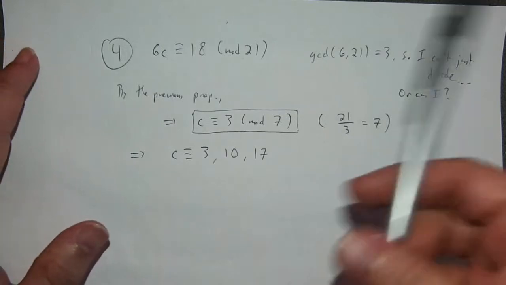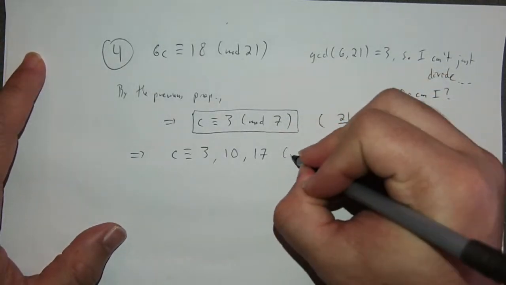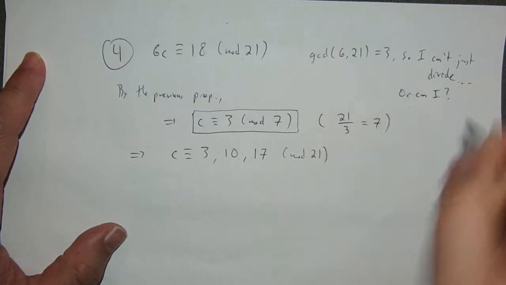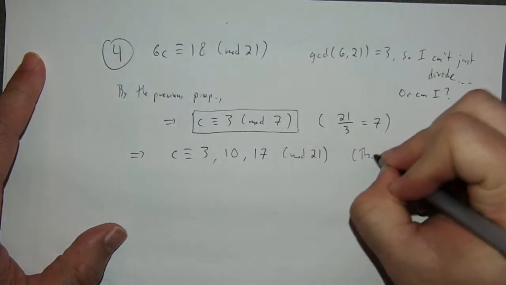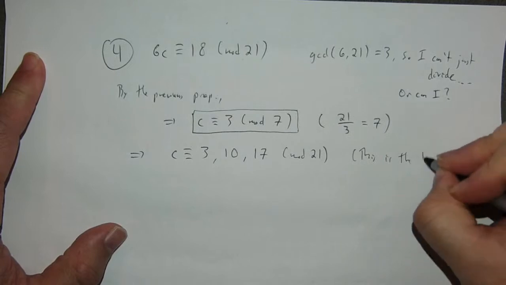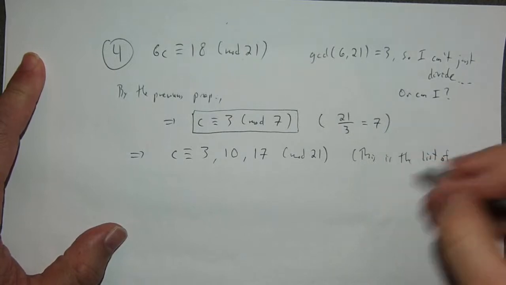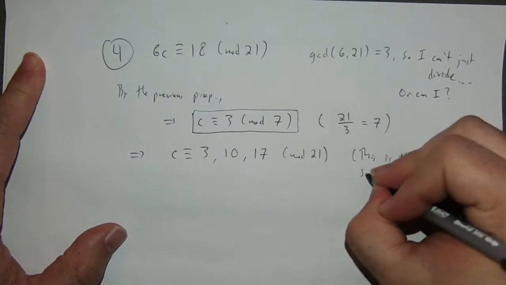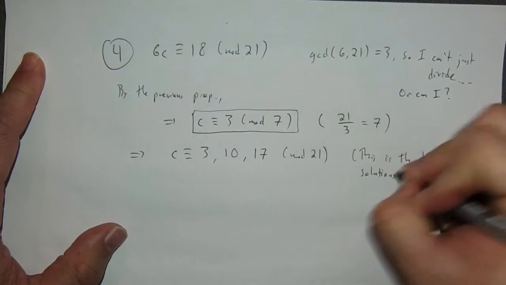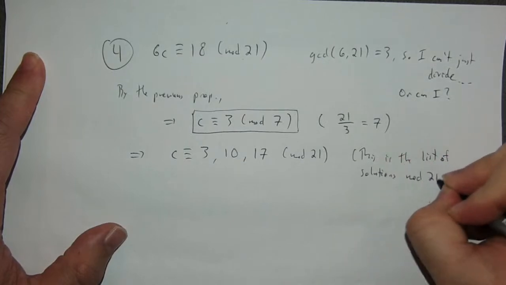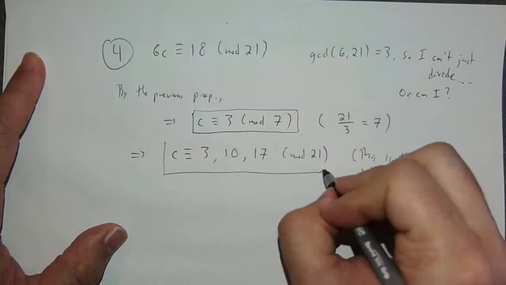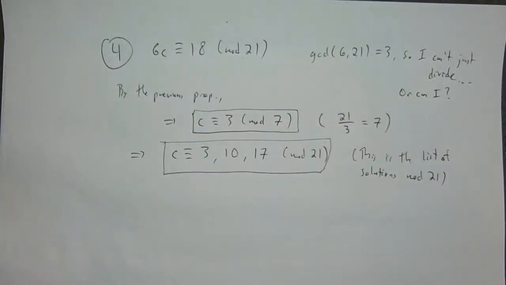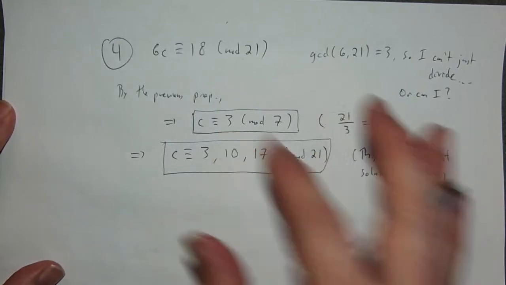So C is congruent to 3, 10, and 17 mod 21. So this is the list of solutions mod 21. All right. So mod 7, I have a single solution.